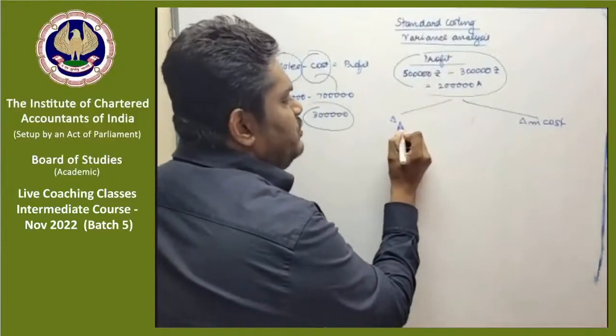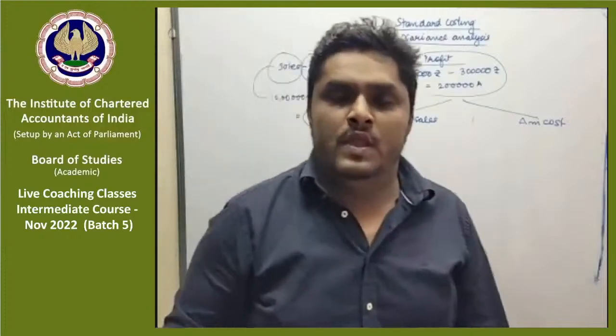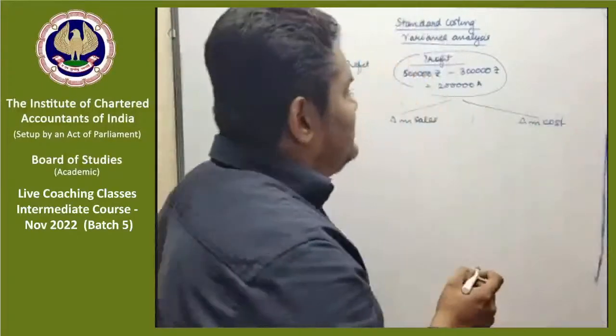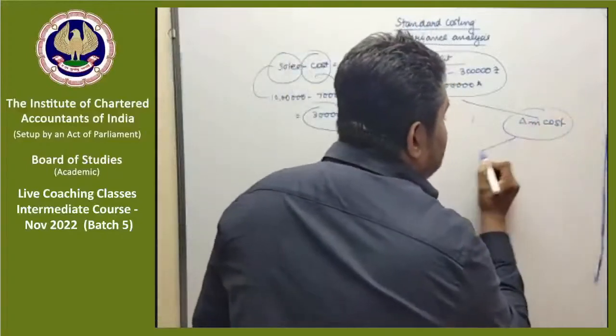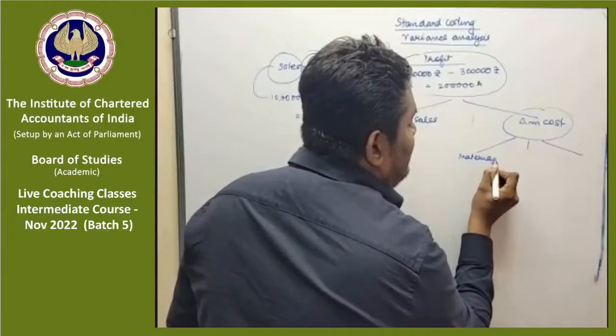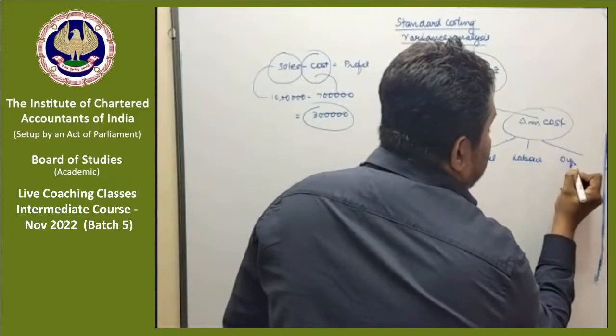Further, you can say it is due to change in sales or due to change in cost. Further, when talking about cost, we can divide the cost into three parts. That is material, labor, and overheads.